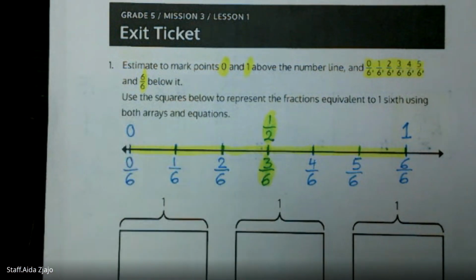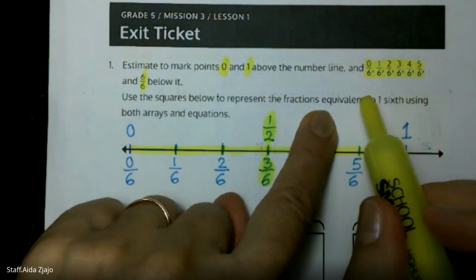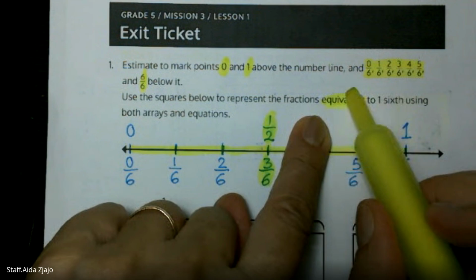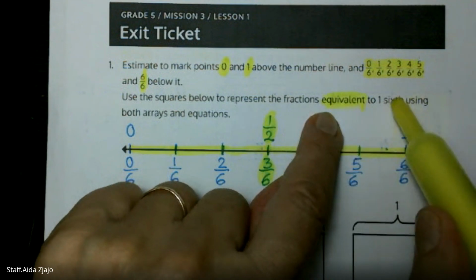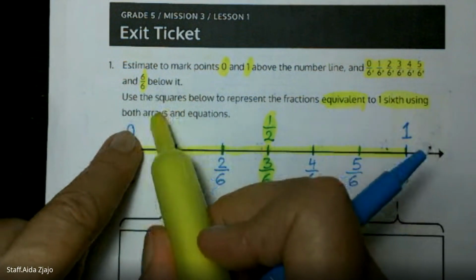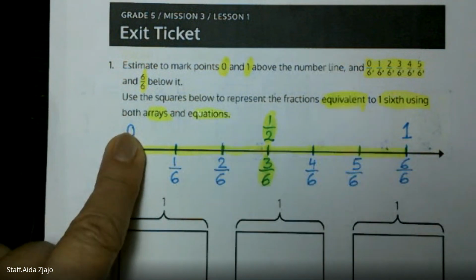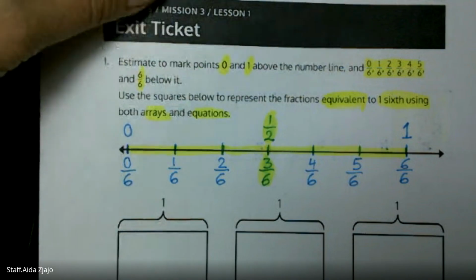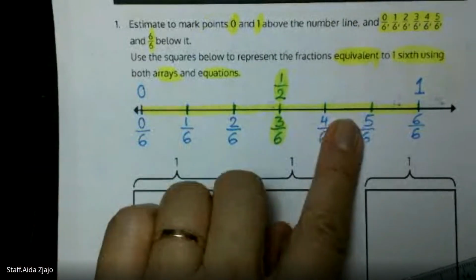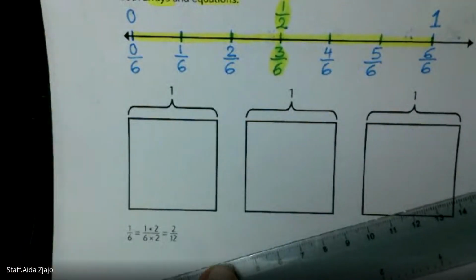So we need to find fractions that are the same as 1/6 using both arrays and equations. Because the last one was a number line fraction, now this will be an area representation of fractions.